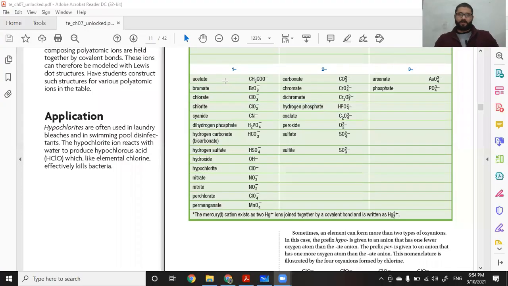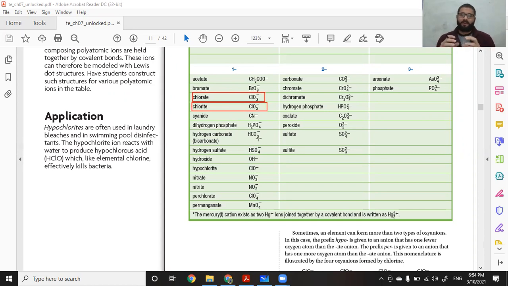Dear student, if we focus on the polyatomic anions in this figure, you can see that in chlorate, the number of oxygen is 3, while in chlorite, that is ITE, there are 2 oxygen.